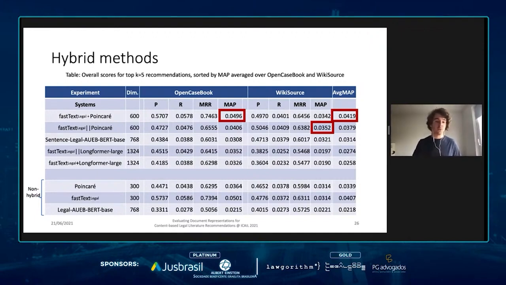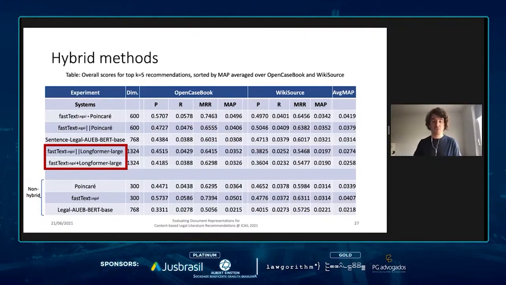While for Open Casebooks the score summation is the best hybrid method, for Wikisource it is the concatenation of FastText Legal and Poincaré. Other combinations, especially those of two text-based methods, like FastText Legal with Longformer, do not lead to the same performance gains as the combination of text and citation-based methods.